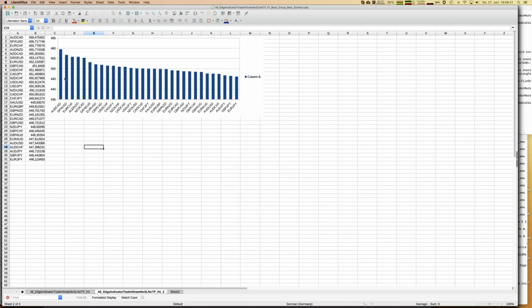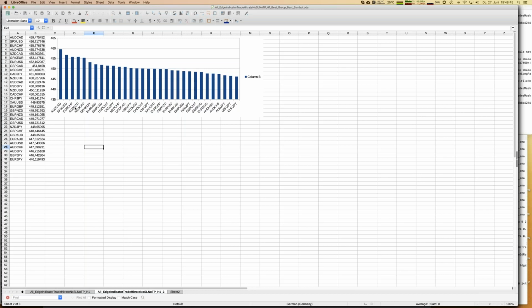Okay, let me look a little bit more at the beginning of that list. So Australian dollar, Canadian dollar might not be on your trading list if you normally look for trades. This SPX USD, that is the S&P 500, well, that might be on your list. Euro, Swiss franc is the third one. Australian dollar, New Zealand dollar, the next one.